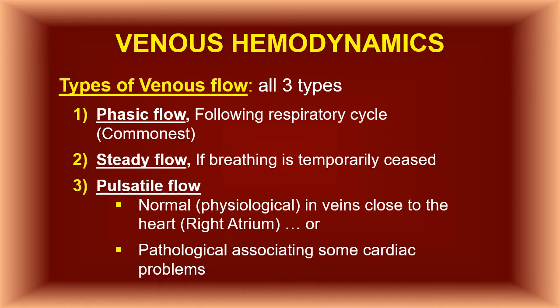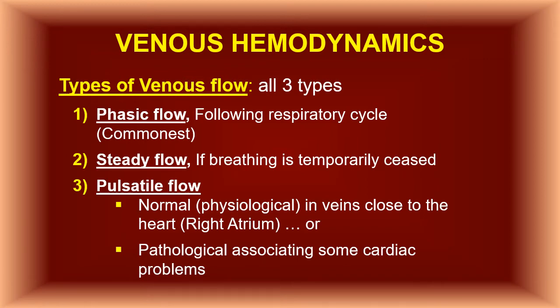And then we have the pulsatile flow. Pulsatile flow is sometimes normal physiological in veins close to the heart, for example the superior vena cava, the subclavian veins, the jugular veins, or the inferior vena cava and the hepatic veins. All these normally have pulsatile flow besides being phasic flow.